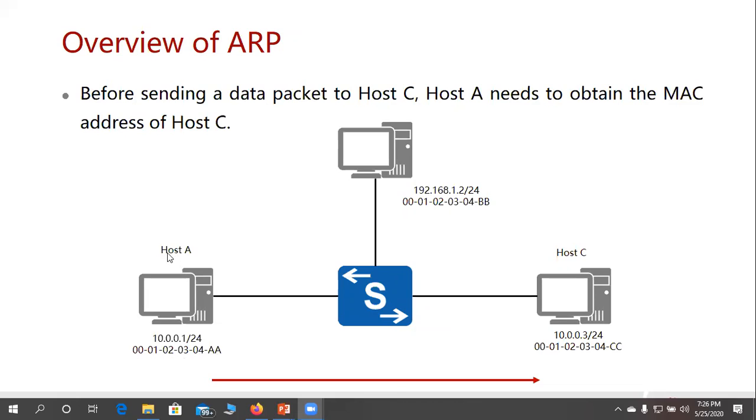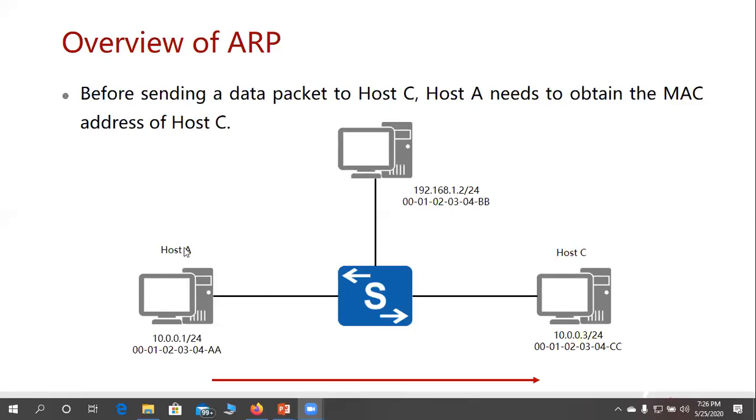Now, host A wants to send information to host C. And I told you that these devices use the MAC address.